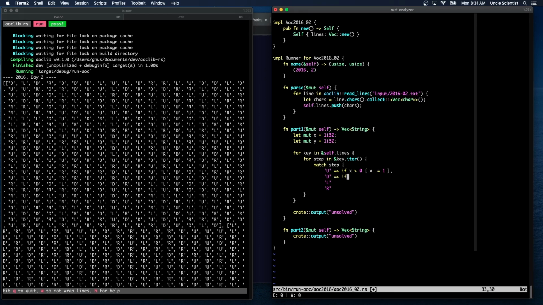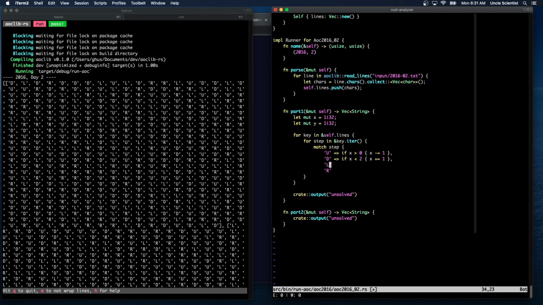If x is less than 2, x plus equals 1. Maybe part 2 is the keypad's bigger than you think it is. If y, so we're going left, which means y has to be greater than 0 in order to subtract. And then this is if y is less than 2, y plus equals 1.